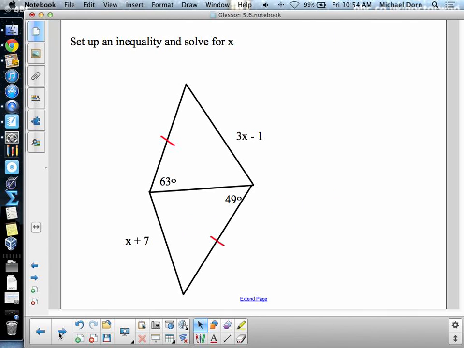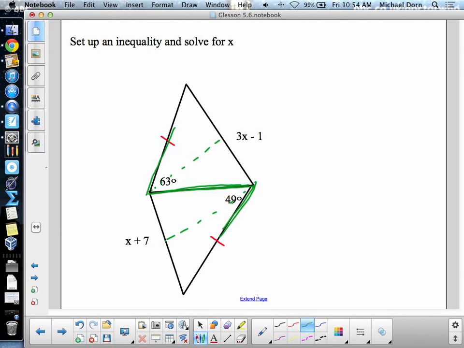Okay, let's set up an inequality and solve for x. All right, clearly I've got 2 congruent sides indicated. I have a shared side right here. So I've kind of got my side angle side. This angle is 63 and this angle is 49. So we're going to compare these angles, which means we're going to compare these sides.